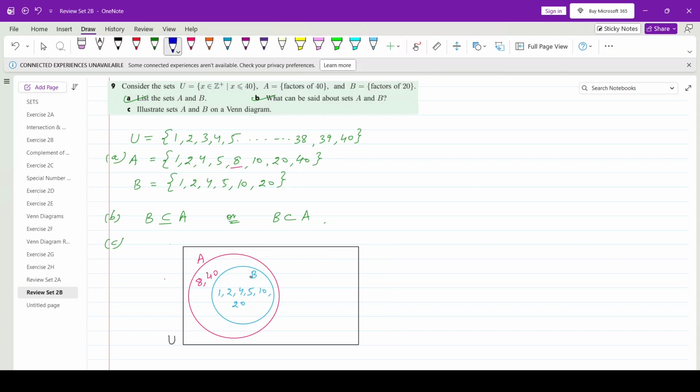Now the elements of the universal set that are not considered yet will come here.